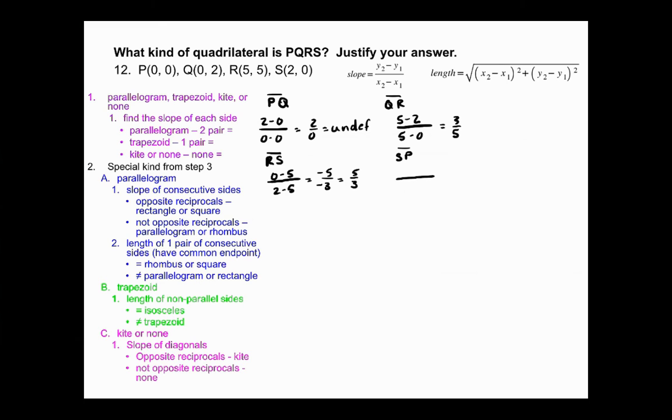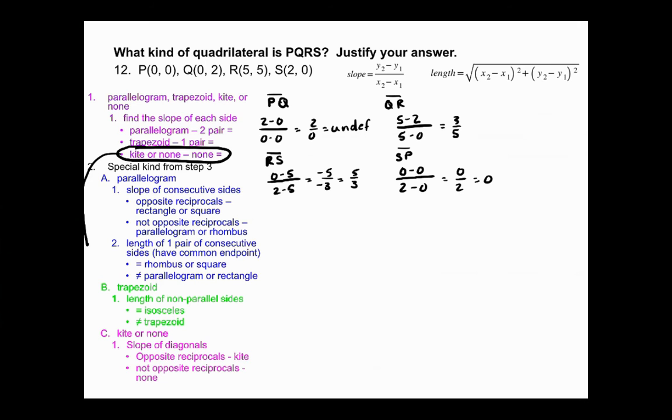So the slope is going to be 0 minus 0 over 2 minus 0 to get 0 over 2, which is 0. So we're looking for how many pairs are equal. And in this particular set, we have none of our slopes being equal to each other.